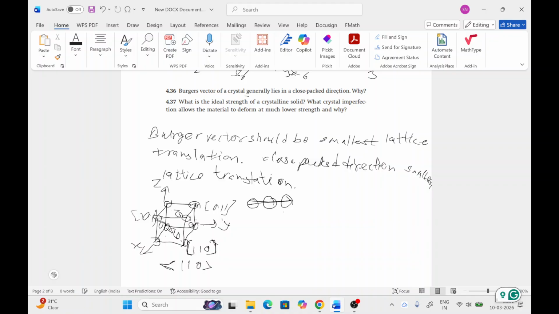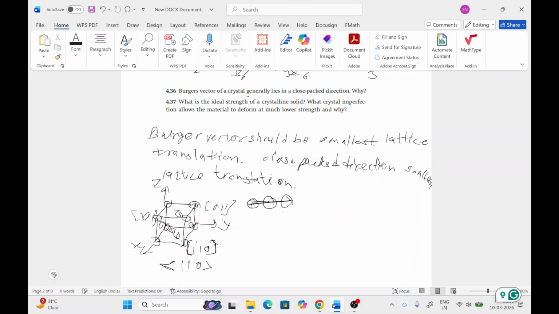It will have the smallest lattice translation from one atom to another atom. In the dislocation motion, we see the bond breaking from the previous atom, and the extra half plane will make new bonds from the further layer.